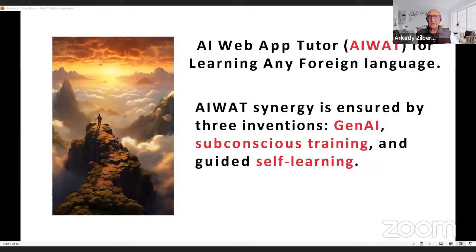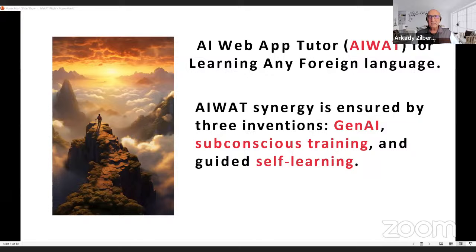When you use AIWAT, it is one program that allows you to learn any foreign language. And what is fascinating, it comes with 0 lessons and the potential to create an unlimited number of lessons in any foreign language and provide support in any native language.